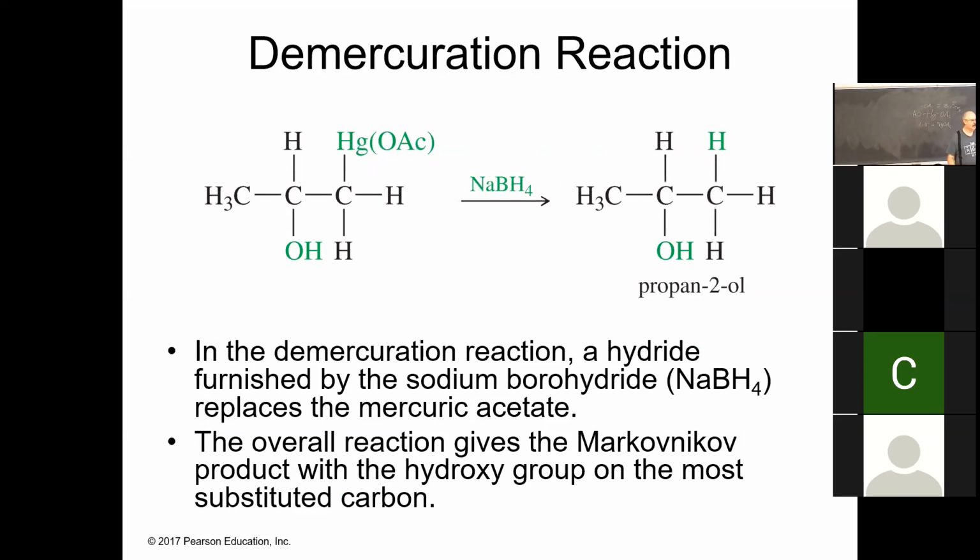Sodium borohydride, it turns out, also reduces mercury 2 to mercury 0, that is elemental mercury, in the process. So this gives the Markovnikov alcohol. The hydroxy group is on the most substituted carbon.